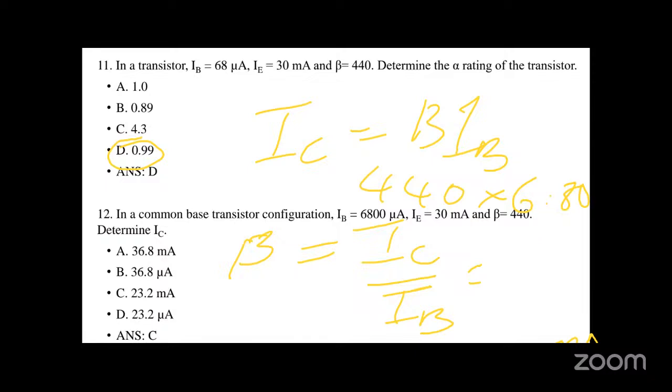Convert the 6,800 to ampere, that would be divide by 10 raised to 6, which is 0.068.